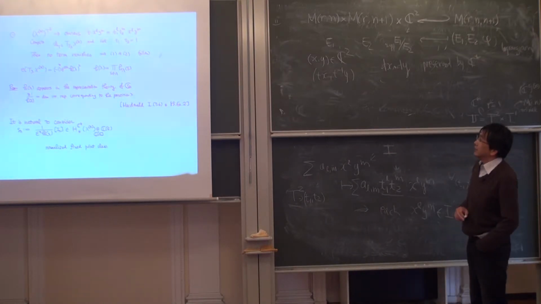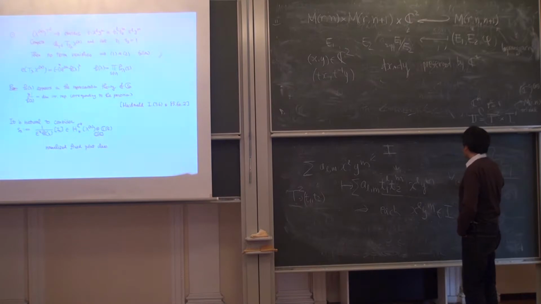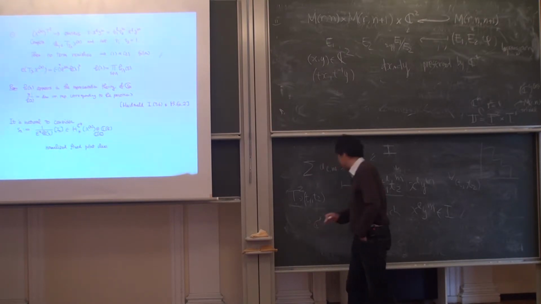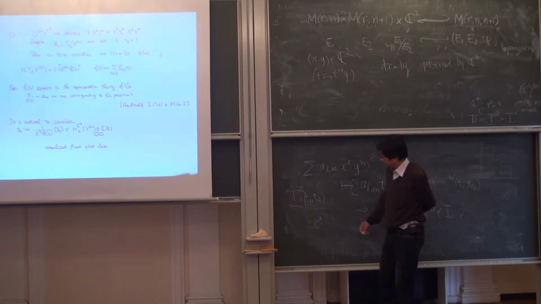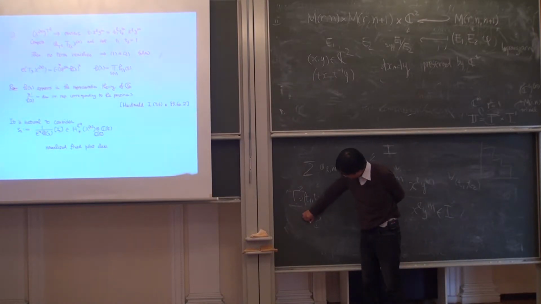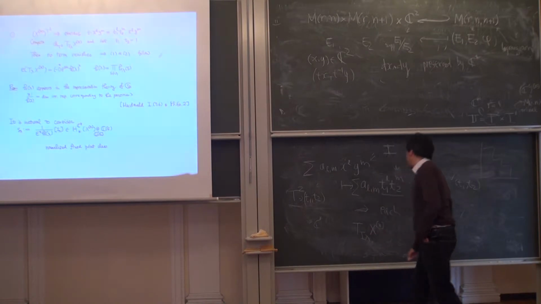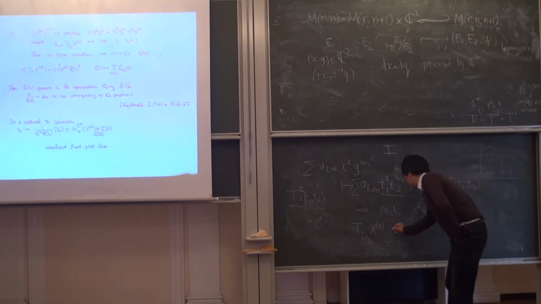And then you study the characters of the tangent space at a point, and you restrict it to C star. And then you find that no direction is fixed. So you consider the tangent space, with C^n instead of X_n, as a module of C star.